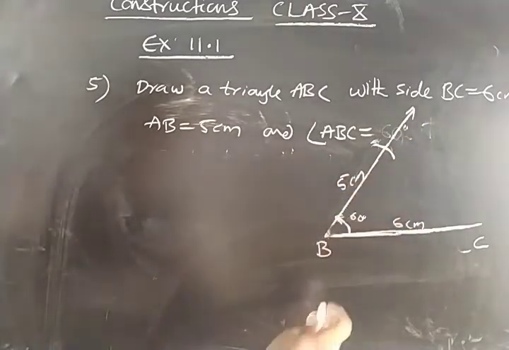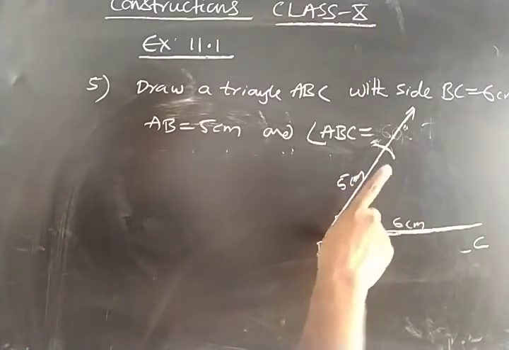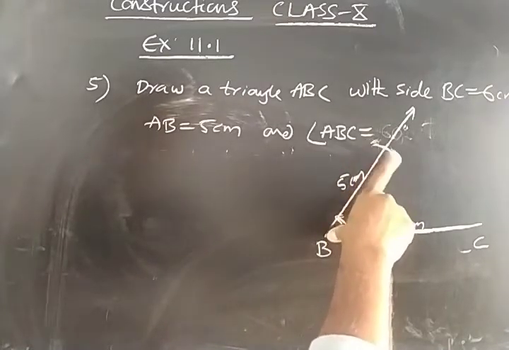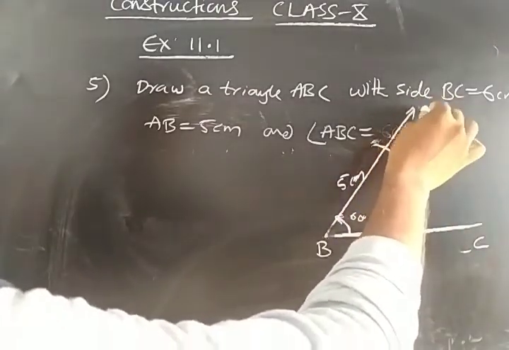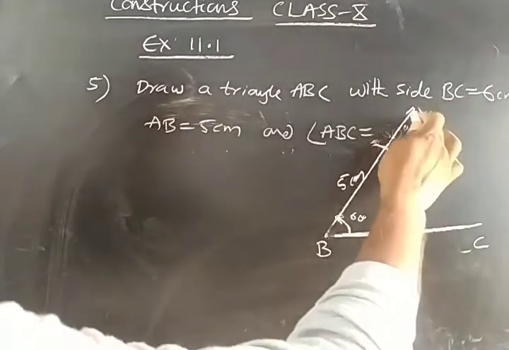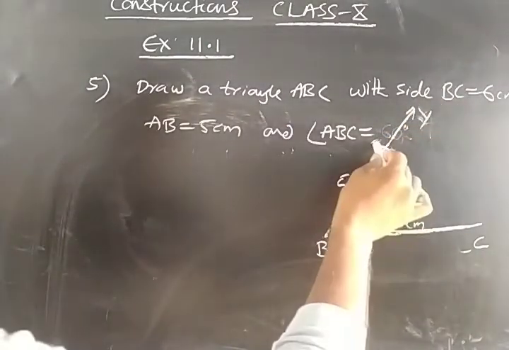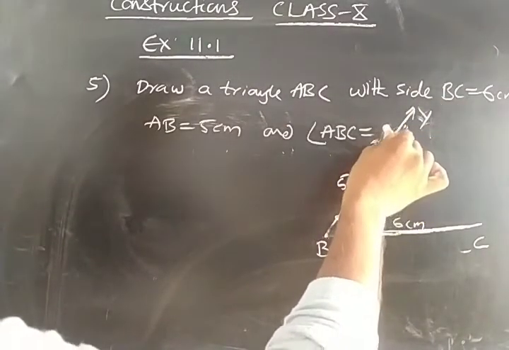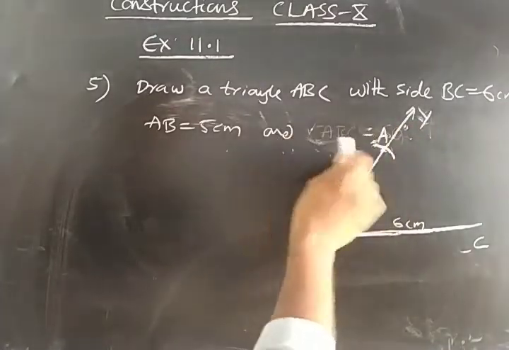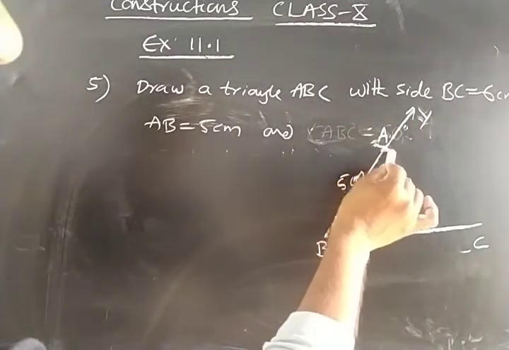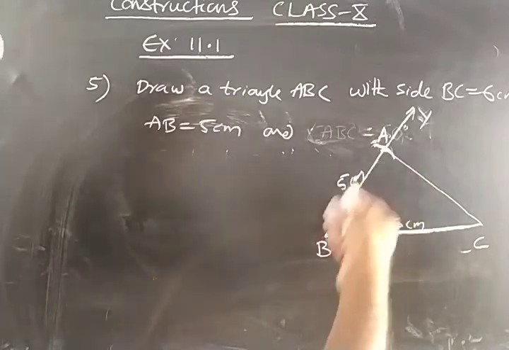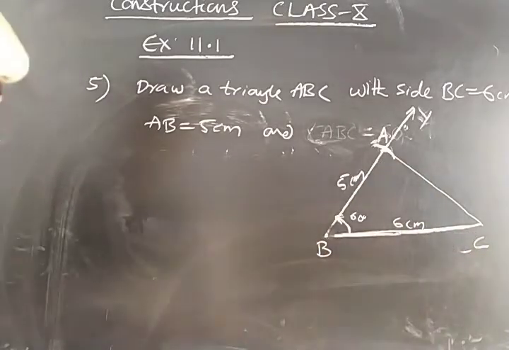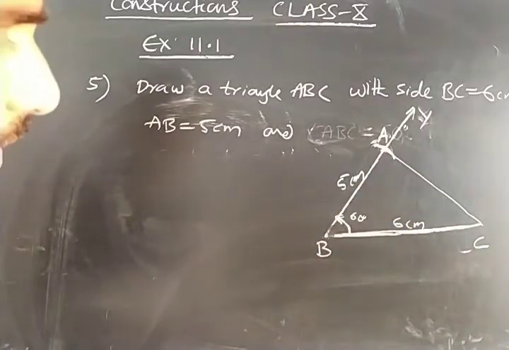Taking B as center, at the distance of 5 centimeters, I will cut the ray BY, and take that intersecting point as A. Then after join A with C. Now this is the required triangle. Okay. Now I got required triangle, which is BC 6 centimeters, AB is 5 centimeters, and angle B 60 degrees.